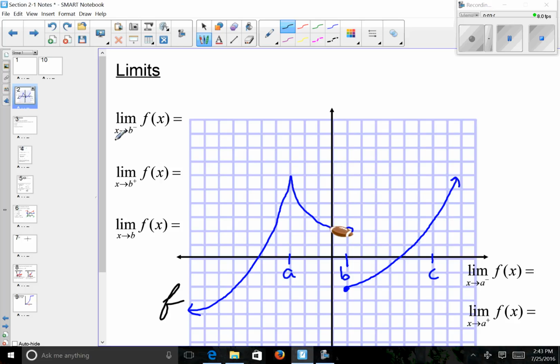So we're saying that x is approaching b, and then this superscript negative sign is saying x is approaching b from the left. So we read this as the limit of f as x approaches b from the left. And we already said that this is 2. And so this is a left-hand limit.